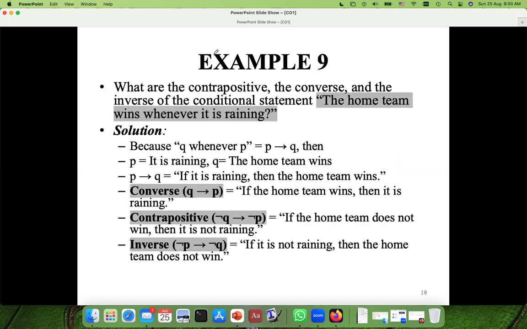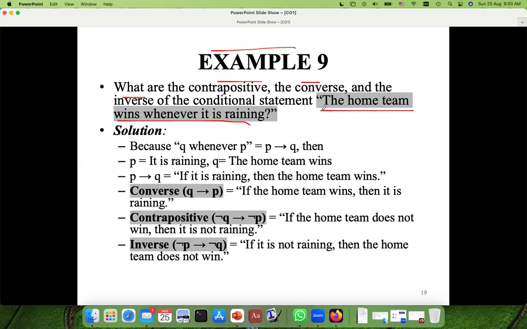Now, example 9. What are the contrapositive, converse, and the inverse of the conditional statement? That conditional statement is given here in the form of a sentence, and then the question is, what are the contrapositive, inverse, and converse of this statement?